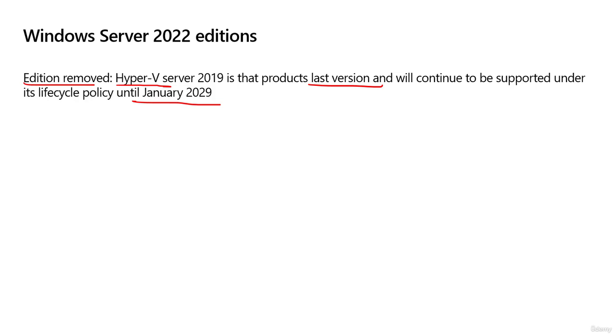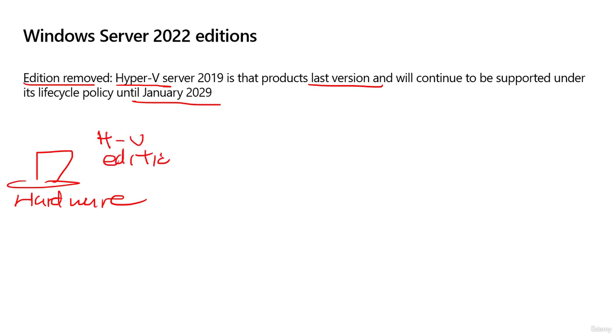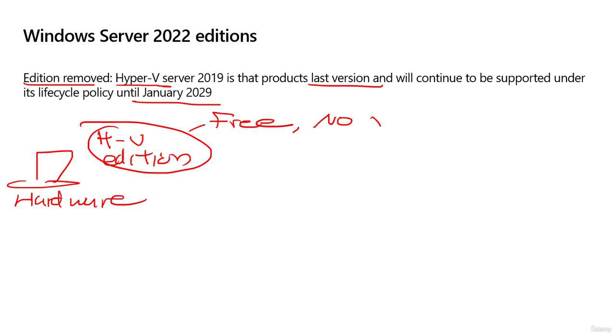Now, the way this worked, you would have your hardware. You would go to the Microsoft website and you would download, I'm just going to say HV. You would download this Hyper-V edition. That is completely free, but it included no virtual licenses.